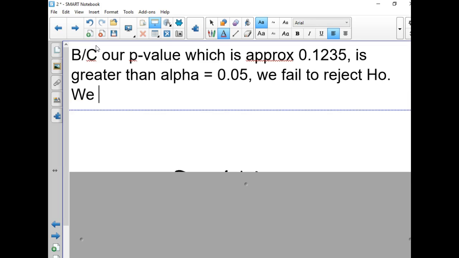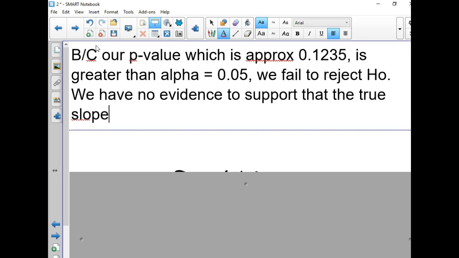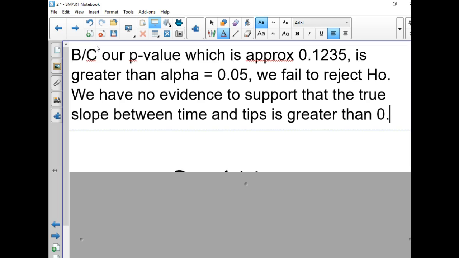Can we talk about H naught here? No, we have to talk about HA. We have no evidence to support HA, okay? So we have no evidence to support that the true slope between time and tips is greater than 0.